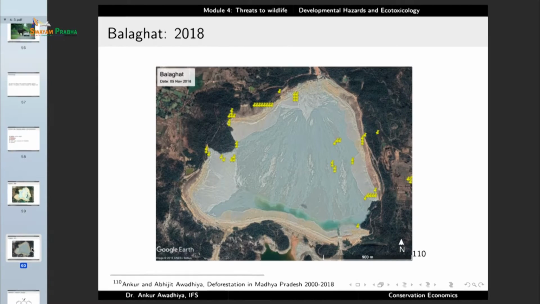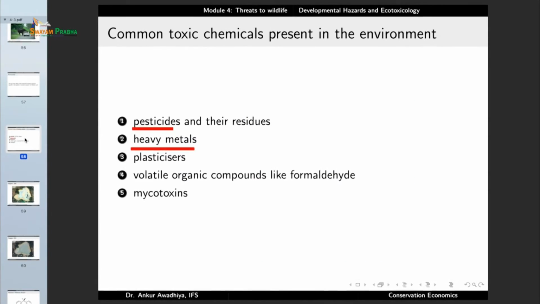Nobody is going into a tailings dam to cut these trees, but because you have a heavy concentration of heavy metals, that is creating a toxic impact on these trees, and they are dying off. So heavy metals and their release and their impact is also something that we study in ecotoxicology.